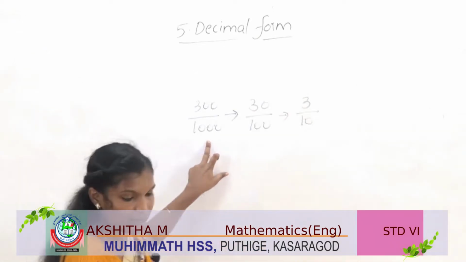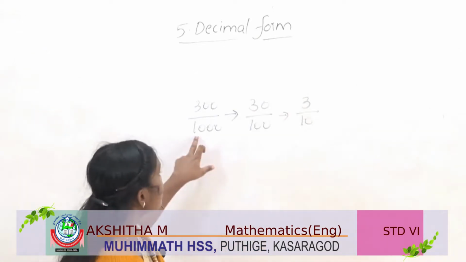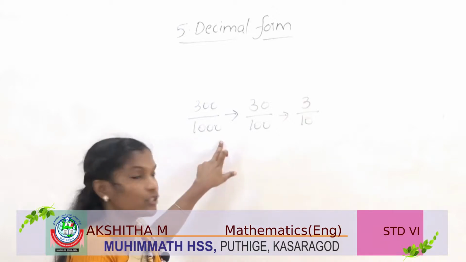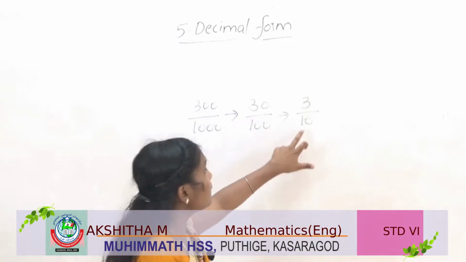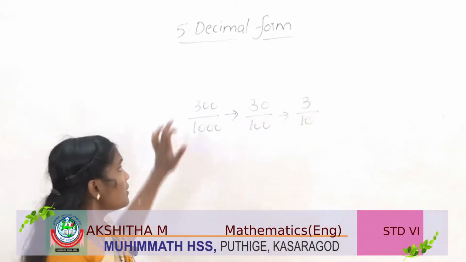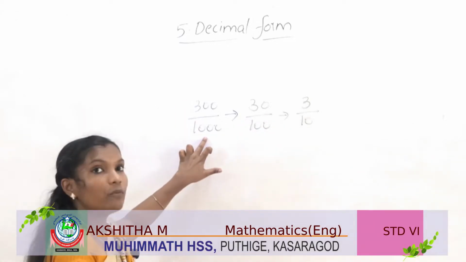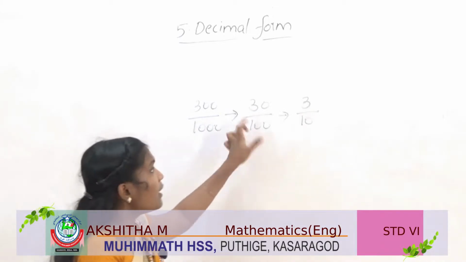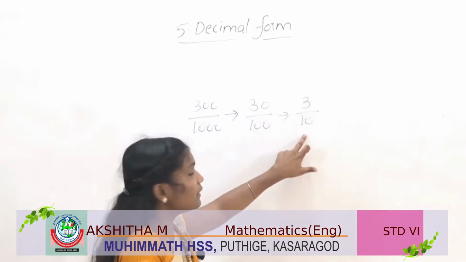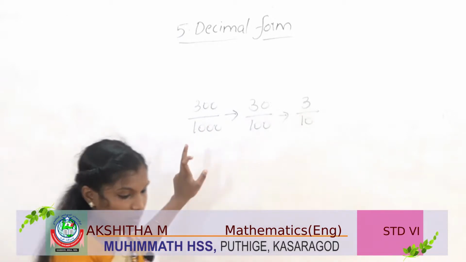You can see here some fractions. 300 by 1000, 30 by 100, 3 by 10. It means 300 by 1000 we can write as 30 by 100 and 3 by 10. Is it clear now?